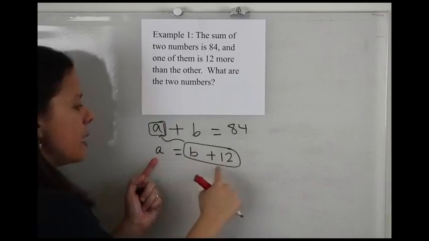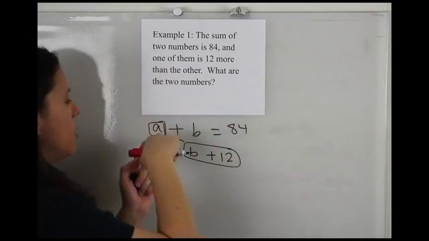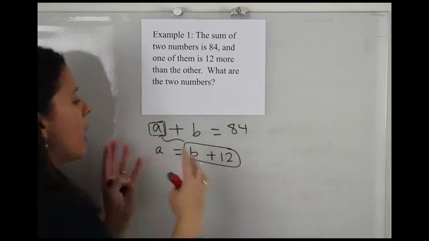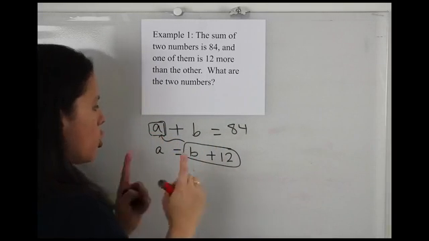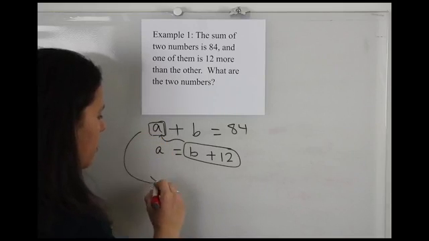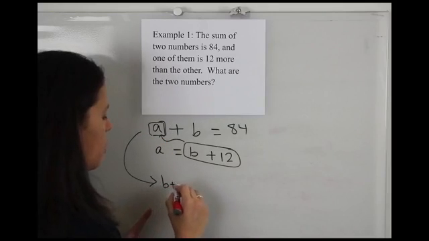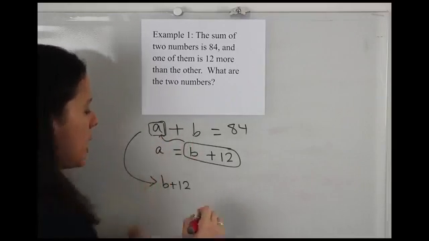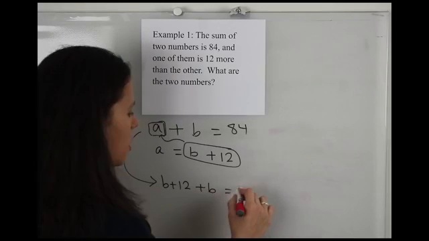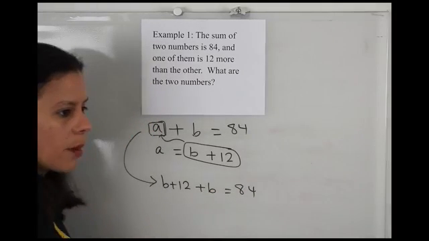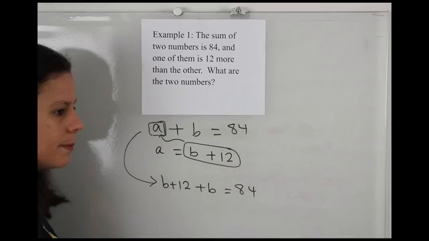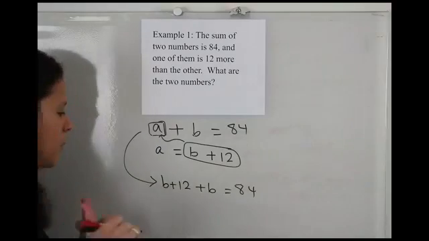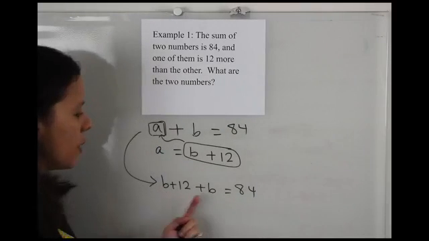So I'm just gonna substitute this A and rewrite it as B plus 12. So now, if I move down here, this is gonna be B plus 12 plus B is gonna be equal to 84. All right? Does that make sense so far? Cool.